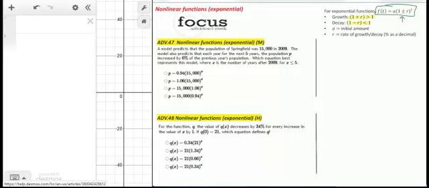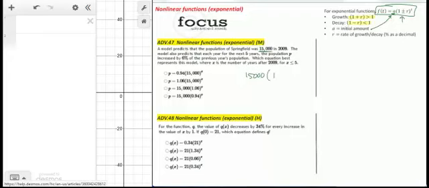So here, if you have a model that predicts an original starting point of 15,000, that is going to be the number that goes out front. This a value here is the initial amount. So when we look at this function, we're going to take 15,000 times 1 plus or minus.